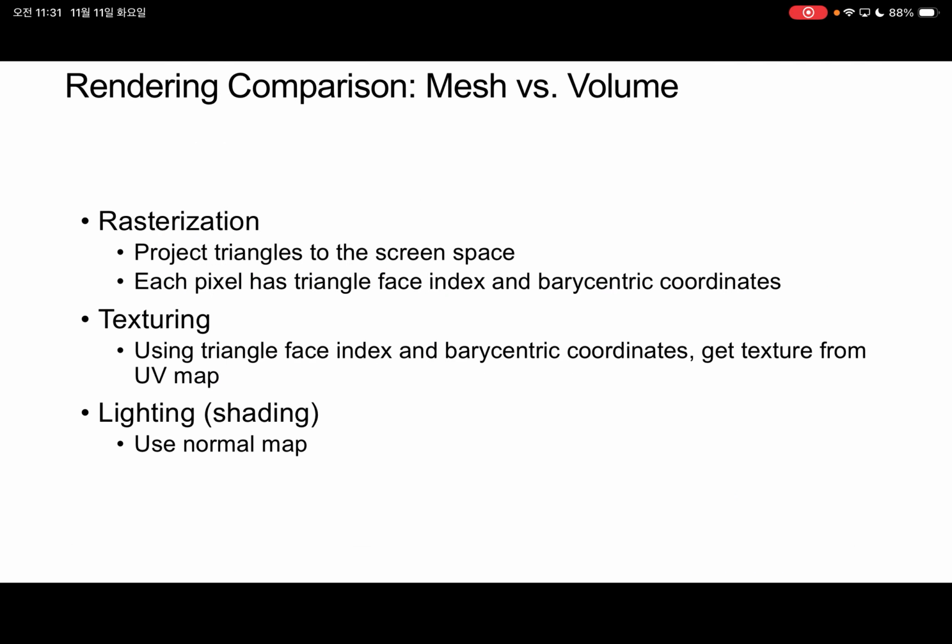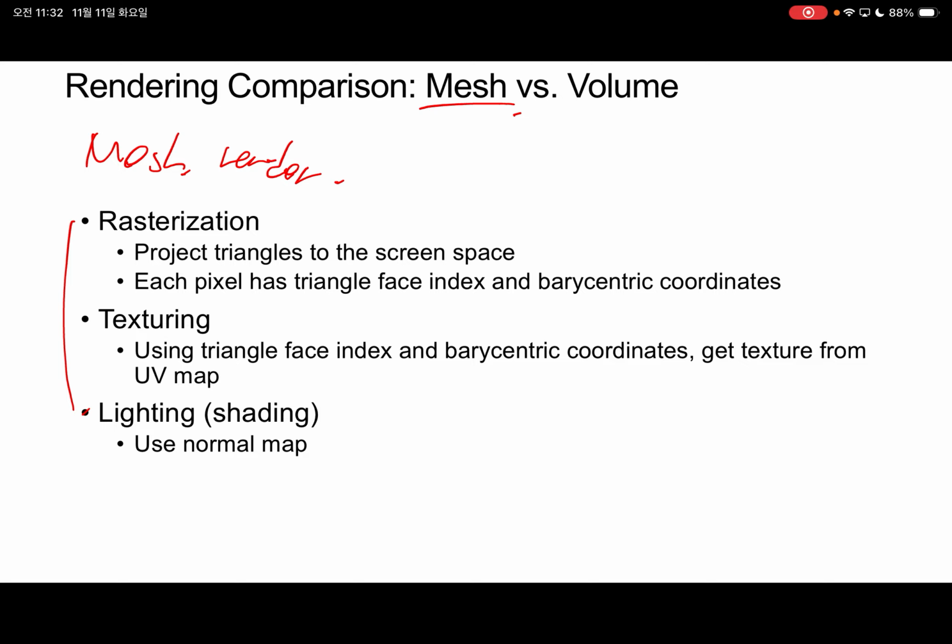One thing we learned about rendering is mesh, right? In the previous class, we learned mesh. So what is the difference between mesh rendering and volume rendering? This is mesh rendering. And as I said, we have rasterization, texturing, and lighting, right?